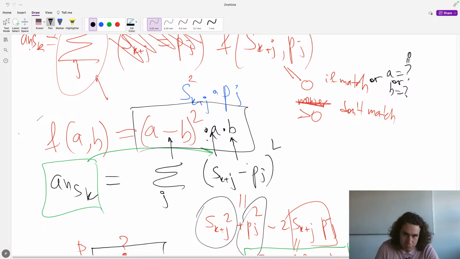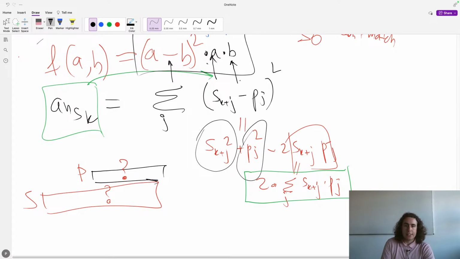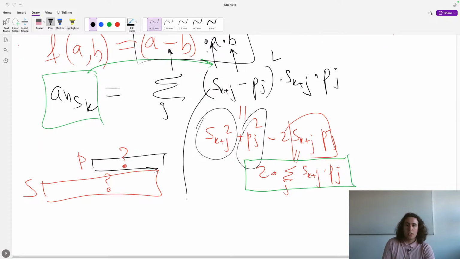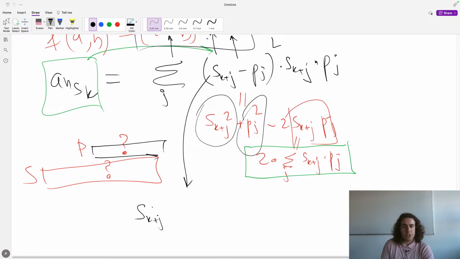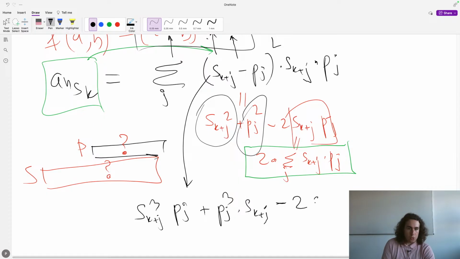And now we can just do the same thing. Let's reduce this expression, right? Now we have this kind of formula. What is this expression reduced? It's going to be s_{k+j} cubed times p_j plus p_j cubed times s_{k+j} minus 2 s_{k+j} squared p_j squared, right?